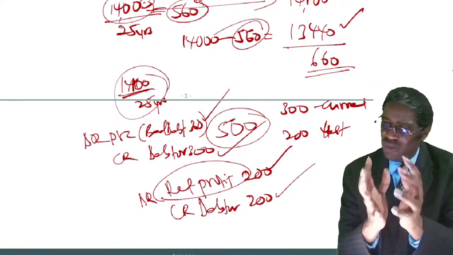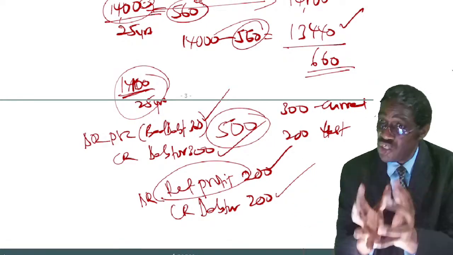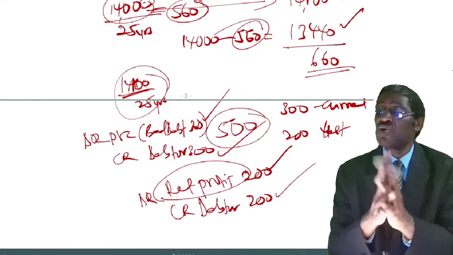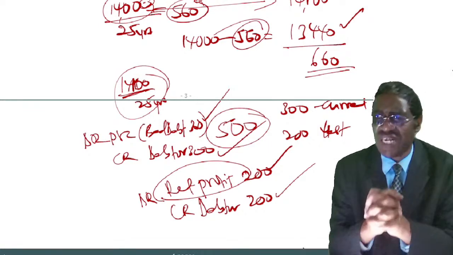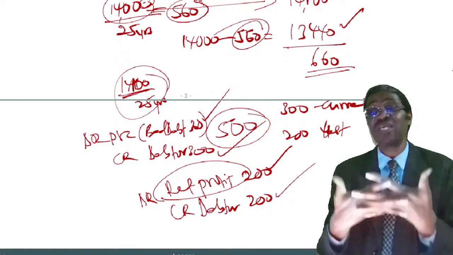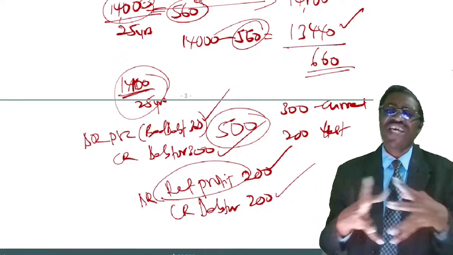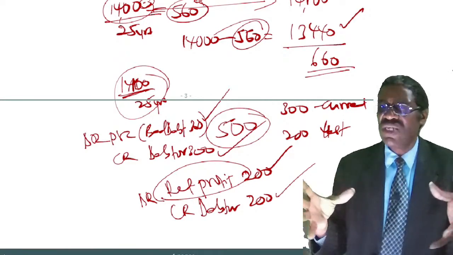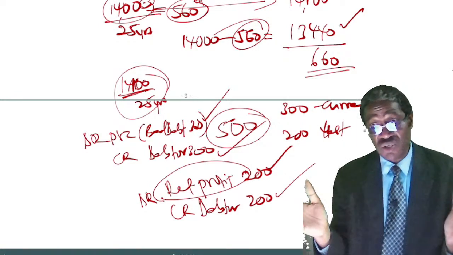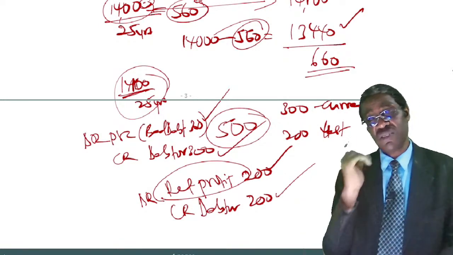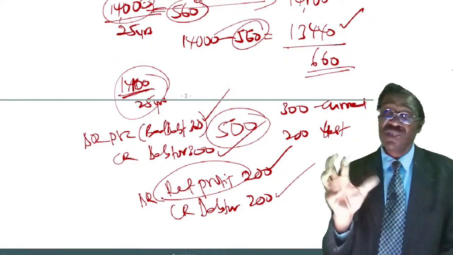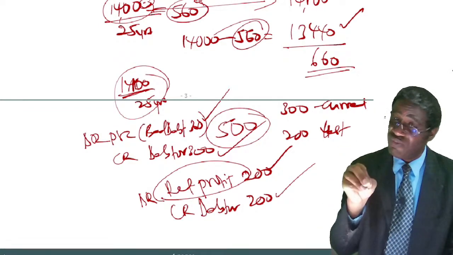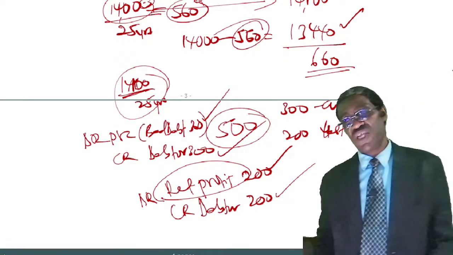But the issues normally come with the additional information. Why? Because there are no standard items that may be tested in the additional information. They can test you on anything you did even in section 1 of financial accounting. That can be tested. Okay?